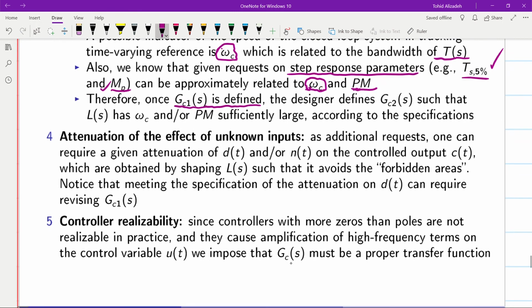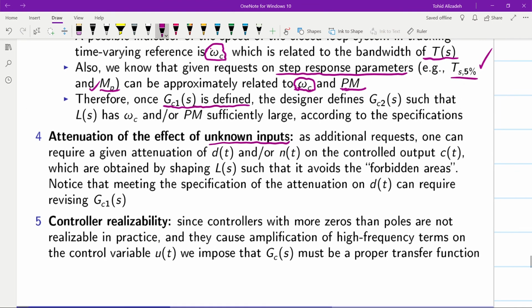Regarding the attenuation of the effect of unknown inputs, the disturbance and the noise in particular, we should have a look at the amplitude plot at the low frequencies for the disturbance and high frequencies for the noise, and the amplitude plot for L of j omega should not enter the forbidden areas or the dangerous zones.